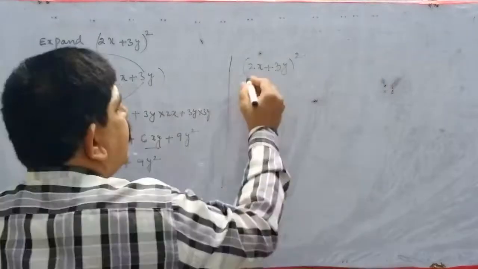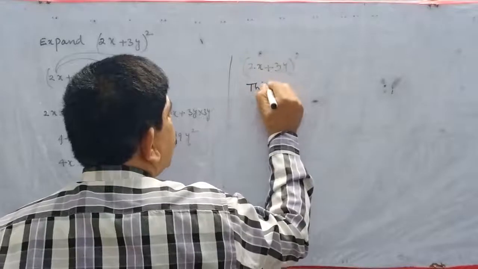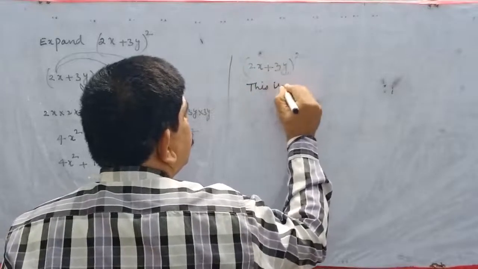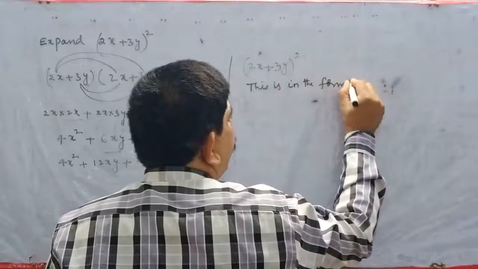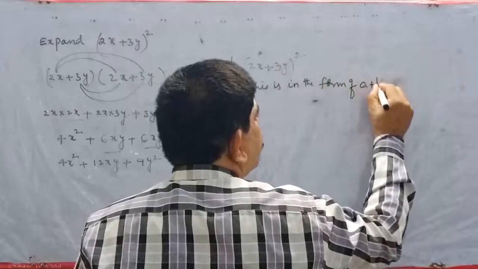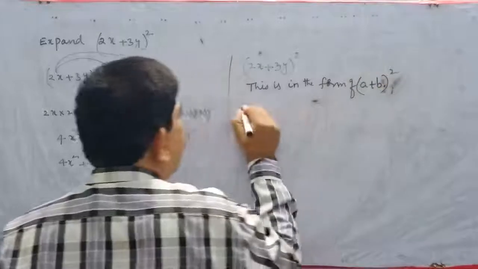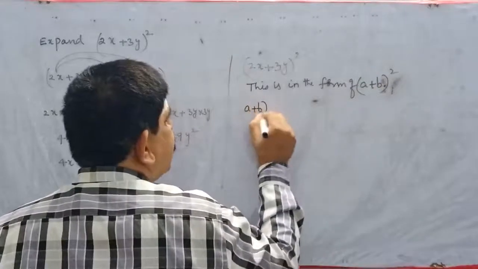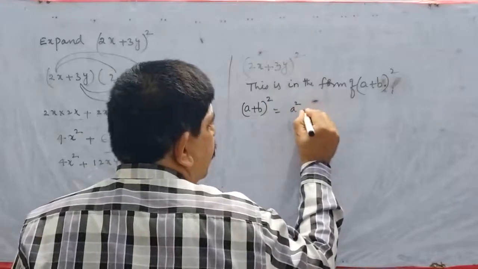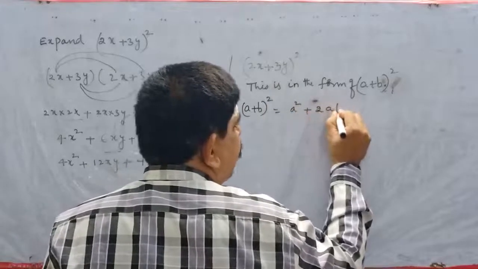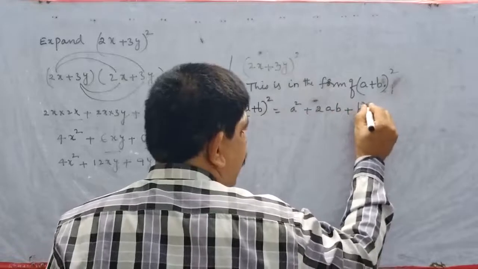Now this is in the form of (a plus b) whole square, where (a plus b) whole square is equal to a square plus 2ab plus b square.